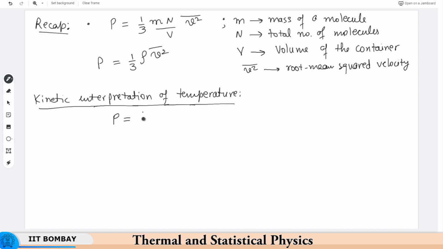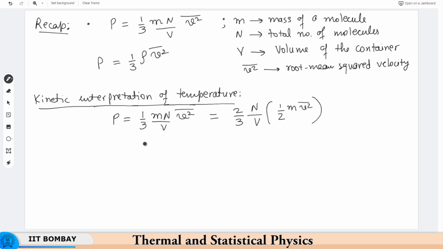So, this is 1 by 3 m N by V times v squared average, and I will rewrite it in this way: 2 by 3 times capital N by capital V times 1 by 2 m v squared average, right. And you must have realized what this quantity is. Since v squared average is the average of the squared velocity of an individual molecule, half m v squared is basically the average kinetic energy of a molecule, right.